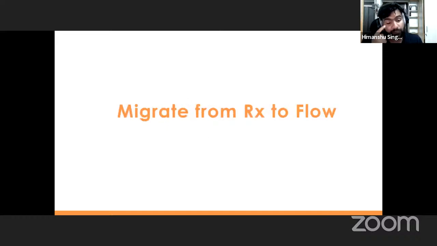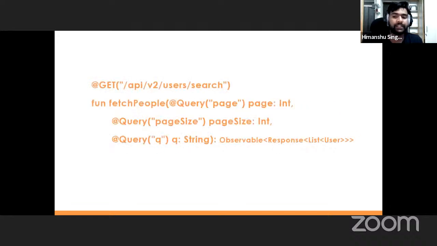Now, one of the interesting topics is how we can migrate from Rx to Flow. Consider a Retrofit API example. We have a fetchPeople function where we have a query of page size, and q as a query string which we can pass. It's a GET call, and I have passed all the details there.